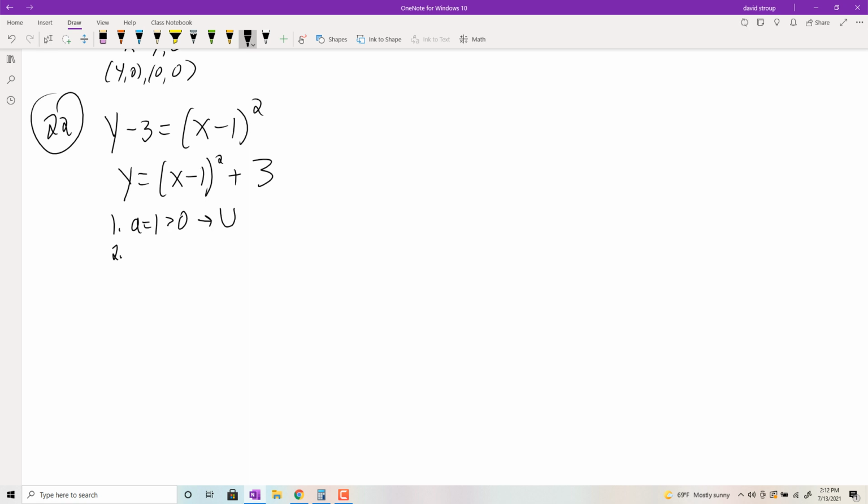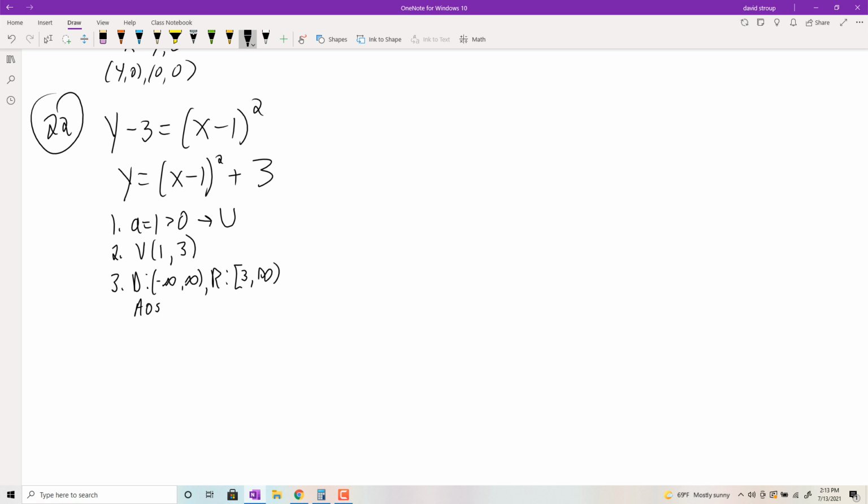The vertex, I can read straight off the equation, so opposite sign and then same sign. Domain is always the same, negative infinity to infinity. The range, because it's a happy face, I start at the y-coordinate of the vertex and then go to infinity.